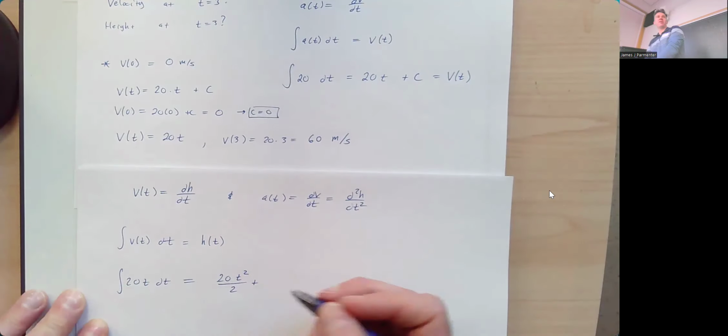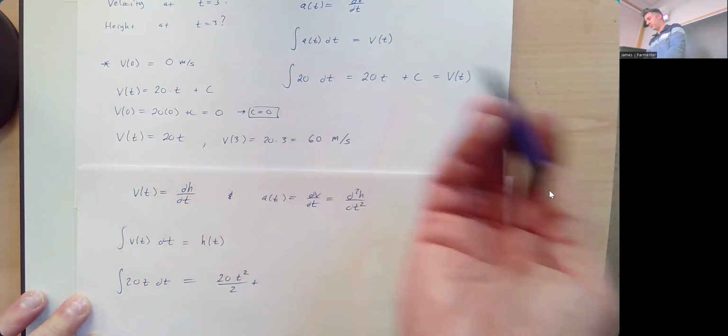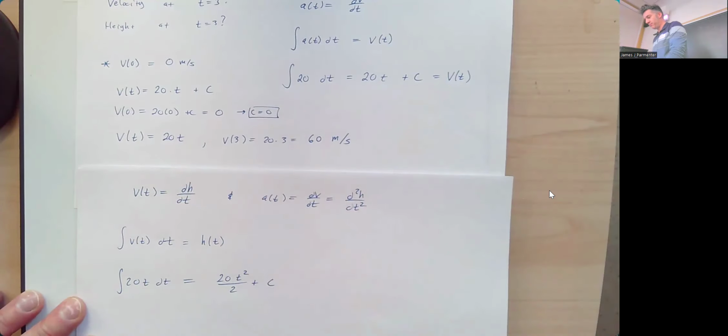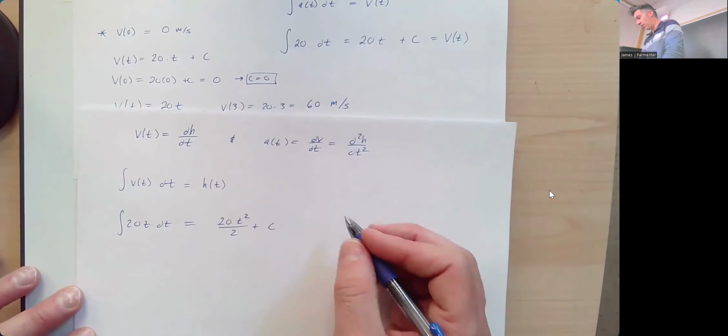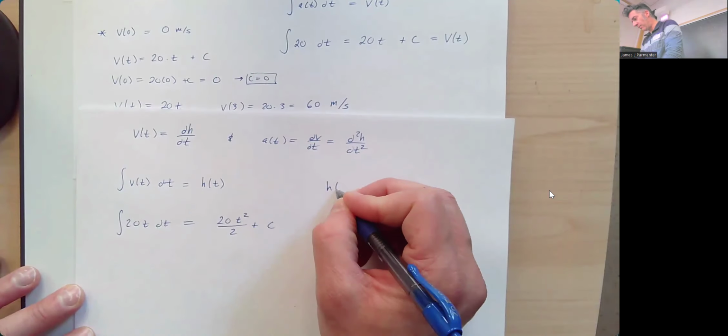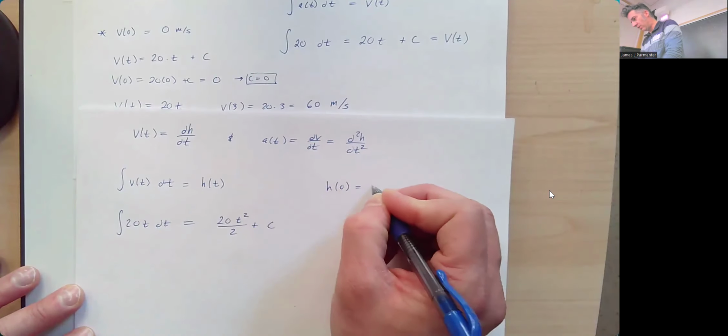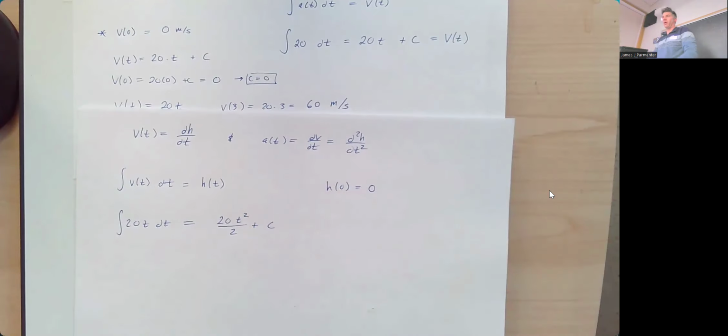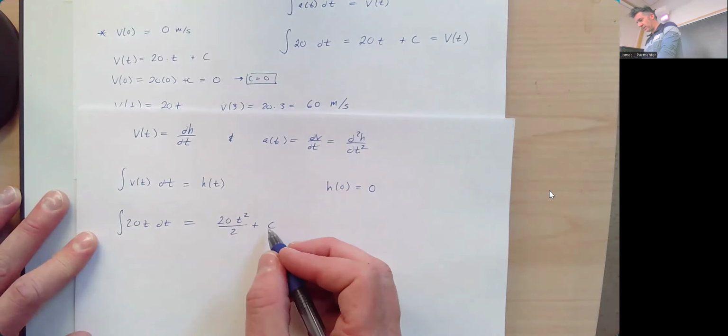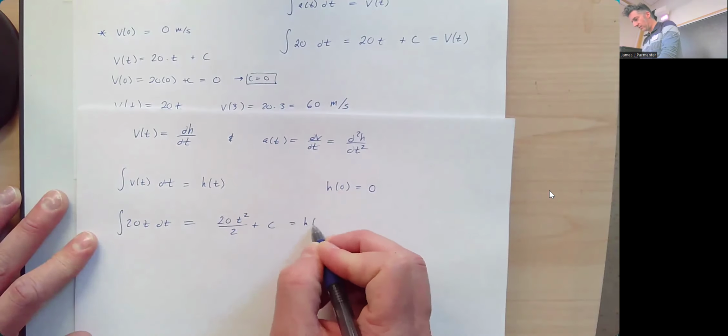I would normally use a different constant, but since I already figured out what the previous c was, I'm just going to use c again. Now, we also know that the position at time 0 is also 0, right? When this thing is blasting off from the ground, its height is 0. So we can then use that to find c.